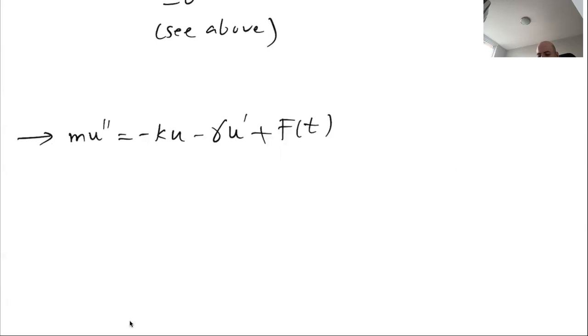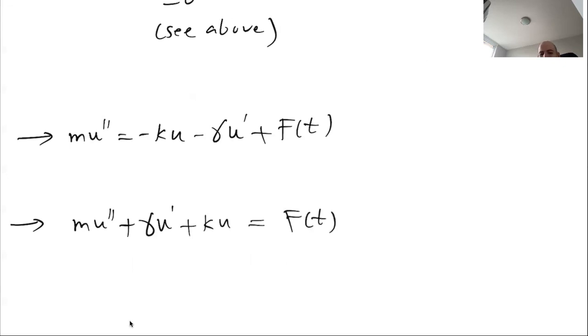And if I take the first and second terms from the right-hand side to the left-hand side, then I'll have m u double prime plus gamma u prime plus ku equals f of t.